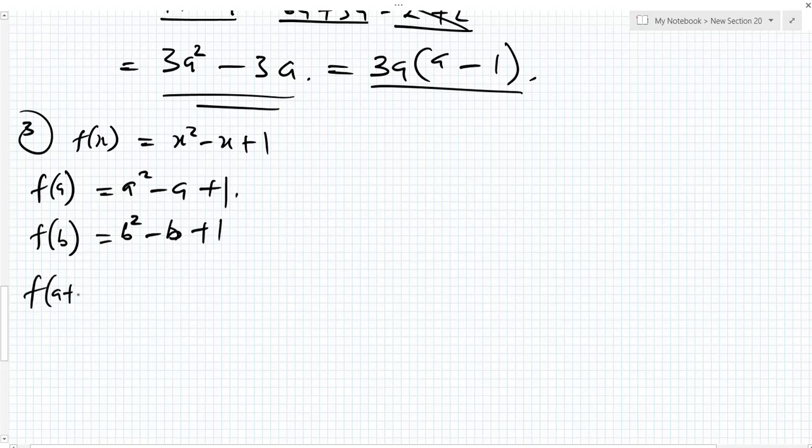Then f of a plus b will now be, wherever I see x, I replace it with a plus b.